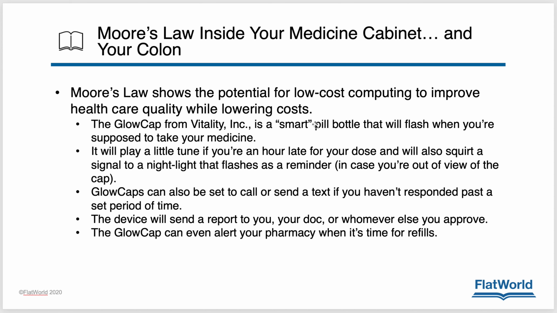It will play music an hour later for your dose, and will send a signal to the nightlight that flashes as a reminder, in case you're out of view of the cat. They can be set to call or send a text if you haven't responded past the previous set time. The device will send a report to you, your doctor, or whoever else you choose, and could even alert the pharmacy when it's time for refills.